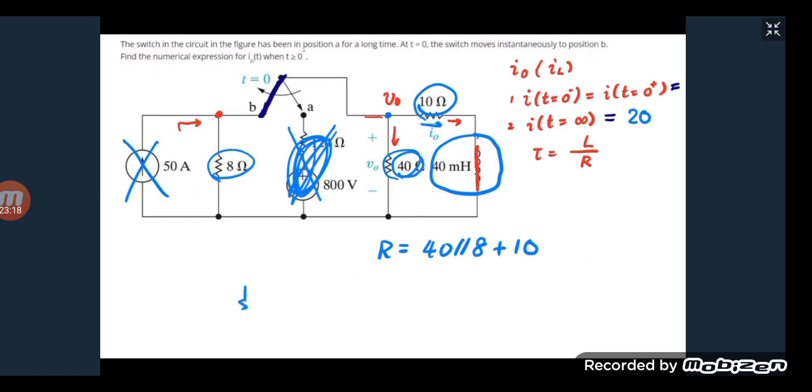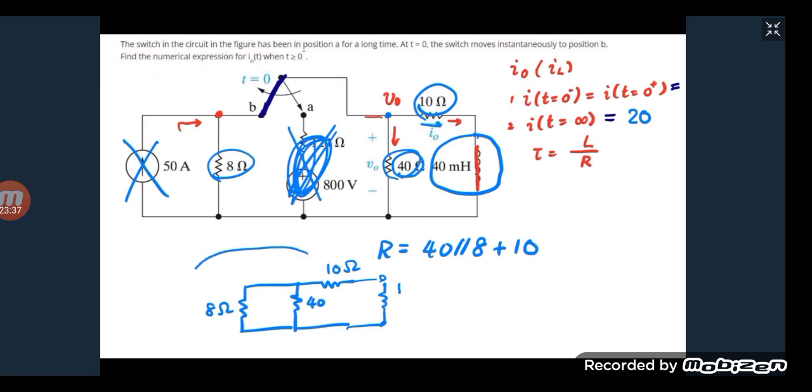Because let me double check. It's 8 ohm and 40 ohm and here is 10 ohm. So it's from the inductor. This is the overall resistor.